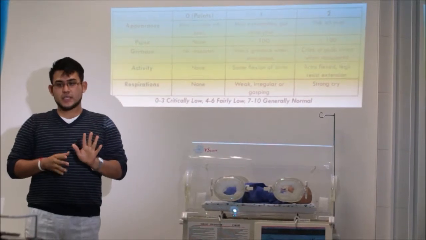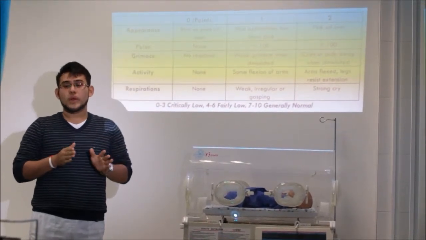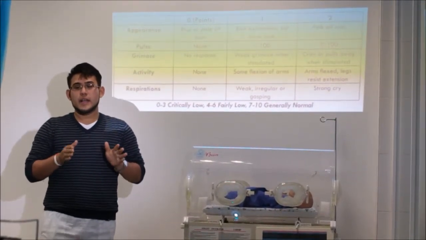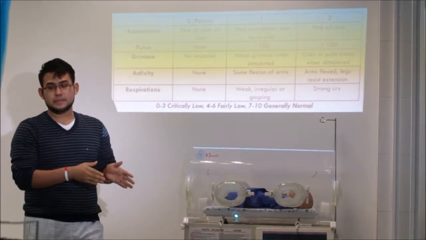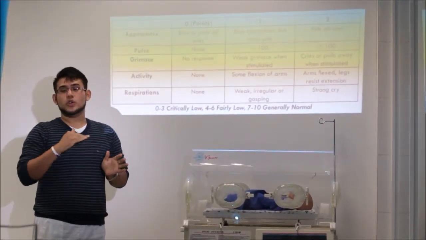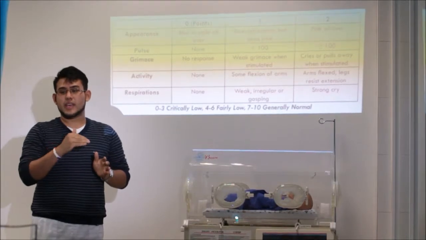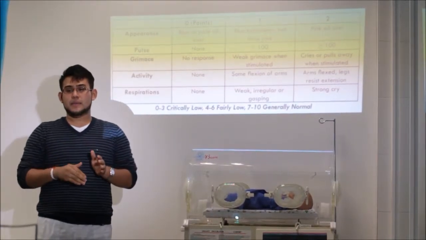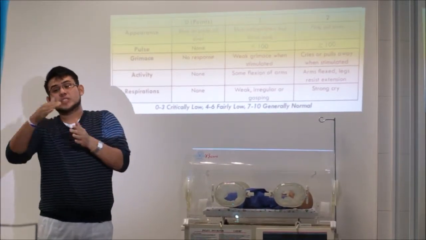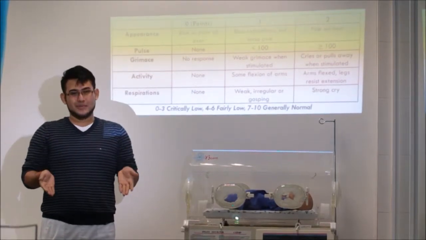The first minute score determines how well the baby tolerates the birthing process, and the 5-minute score tells the healthcare provider how well the baby is doing outside the womb.